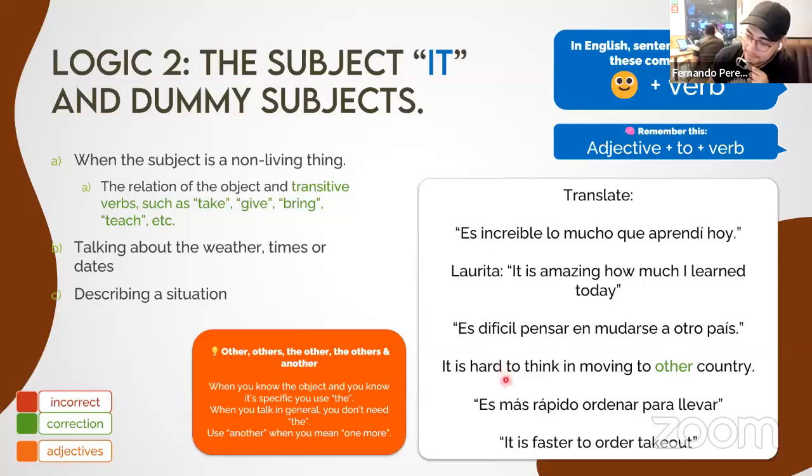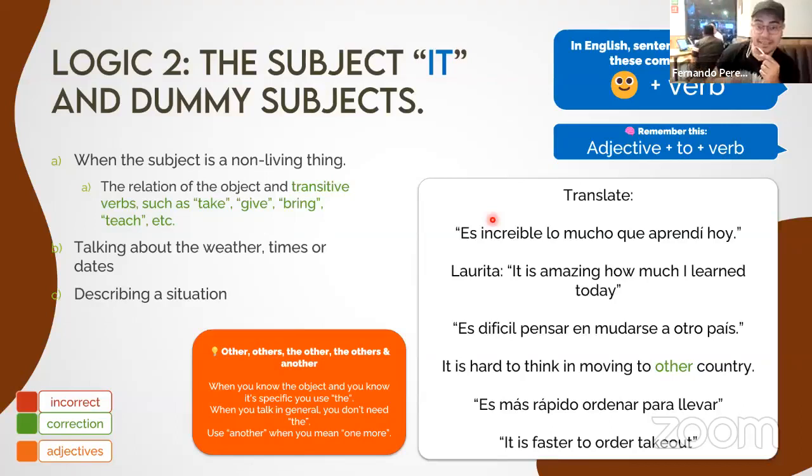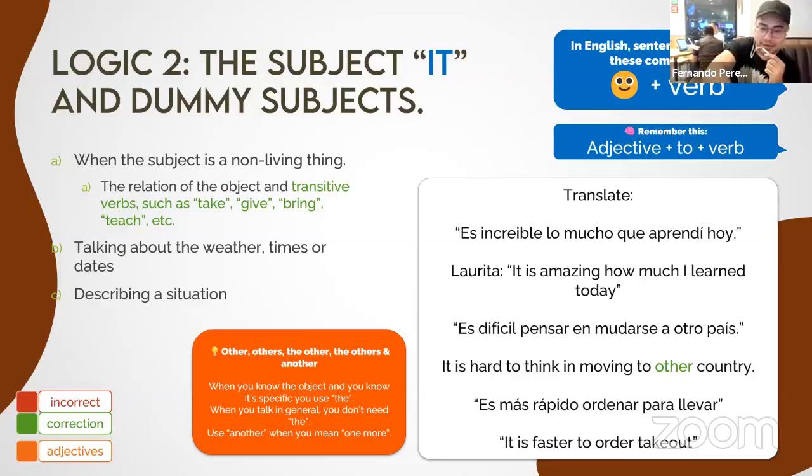Here it is. When you say, for example, "es increíble, es difícil, es más rápido", here the subject in Spanish is implicit. So let me take a parenthesis that we are going to include here. Implicit.